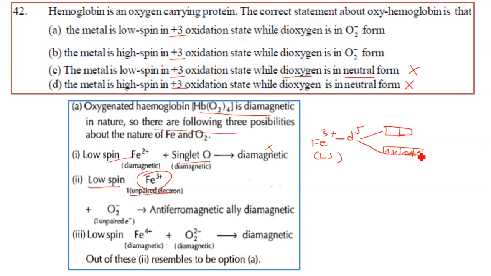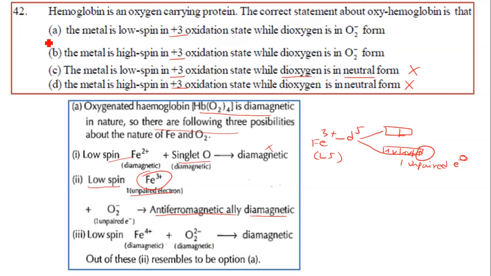It contains 1 unpaired electron in the low spin state, which binds the unpaired electron of oxygen, which is antiferromagnetic, and this is also diamagnetic. So hence option A is correct.